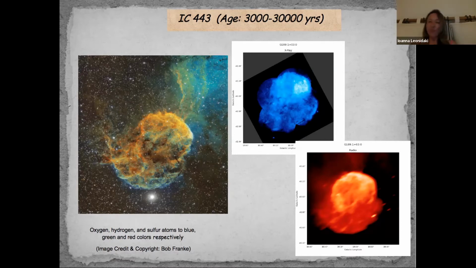Especially the SNRs that are interacting with molecular clouds are categorized as mixed morphology SNRs, the thermal composite SNRs, like IC443, and I assume that Alexandros will give us more info about these amazing types of supernova remnants.